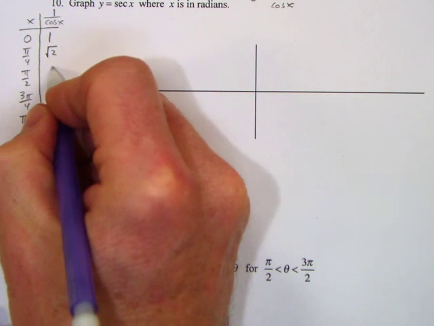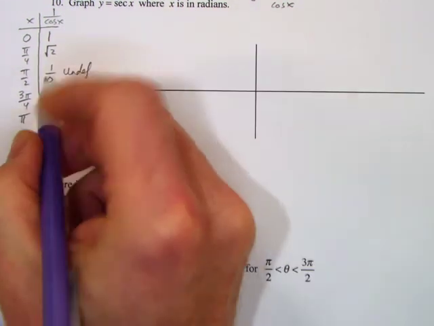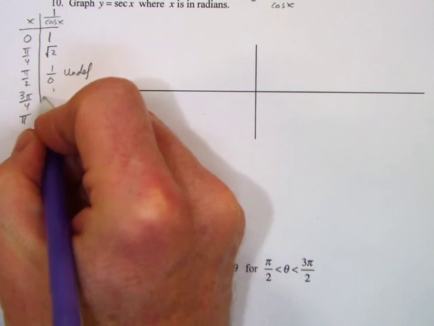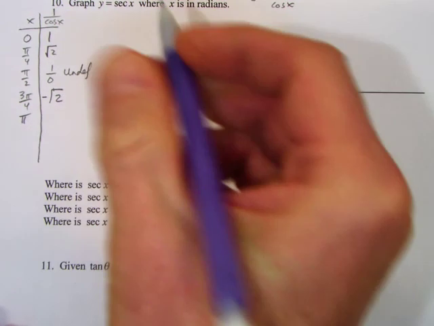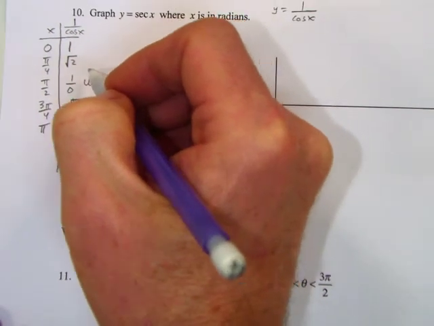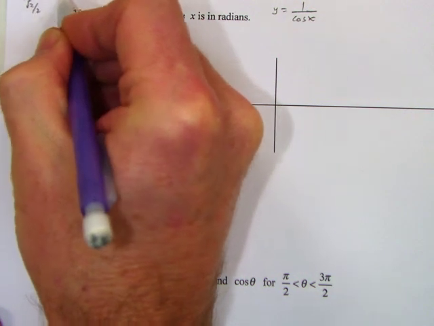1 over 0 is undefined. 1 over negative square root of 2 over 2 will give us negative root 2. Maybe I'll show this one of these. 1 over root 2 over 2 gives us 2 over root 2.